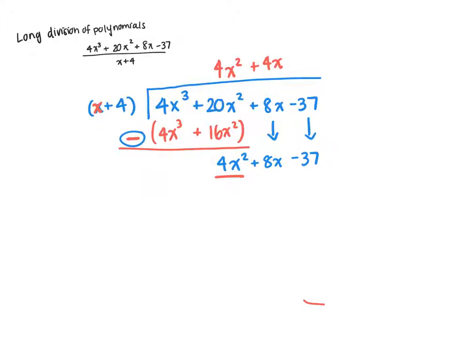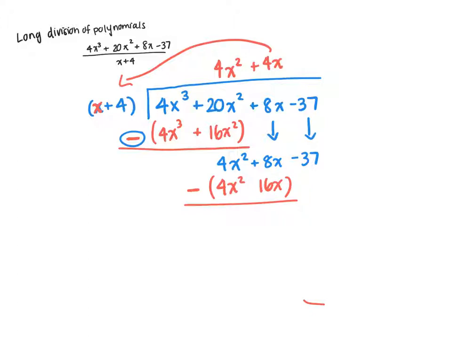We multiply 4x times x plus 4. We bring it down here. 4x times x is 4x squared. 4x times 4 is 16x. And then we do the same thing. We're going to subtract. 4x squared minus 4x squared is 0.